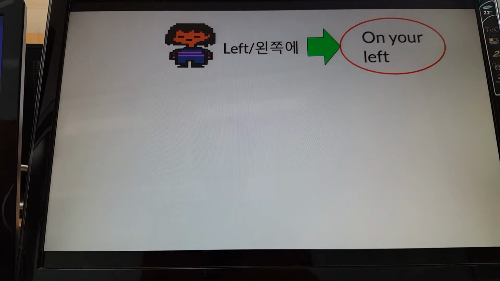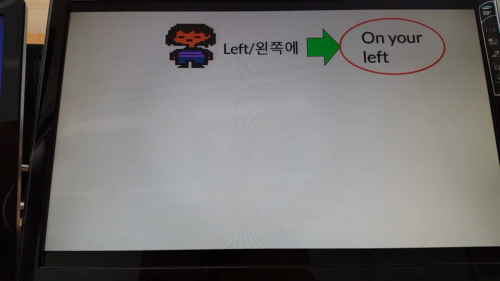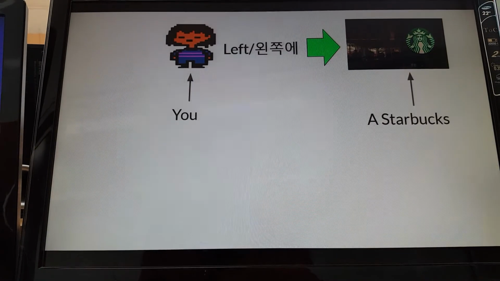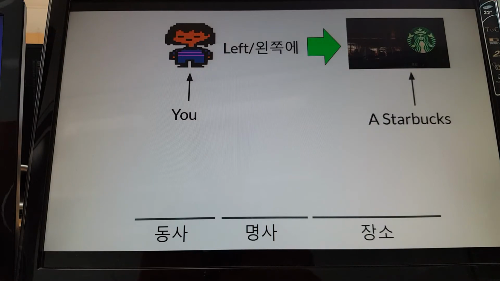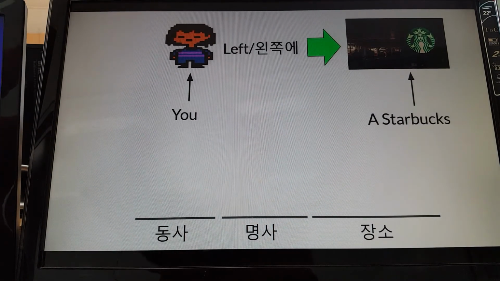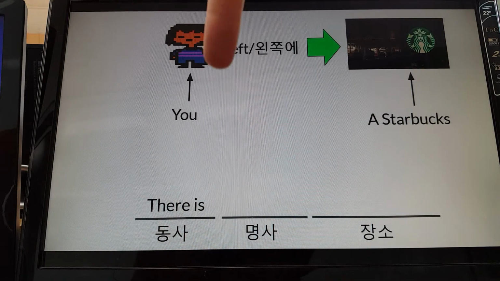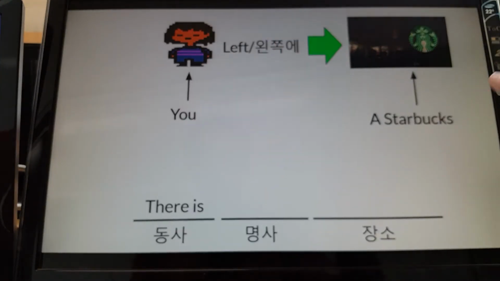So, left, on your left. On your left. So, Starbucks. So, what is our verb? Good, it is there is. There is. What is our noun?